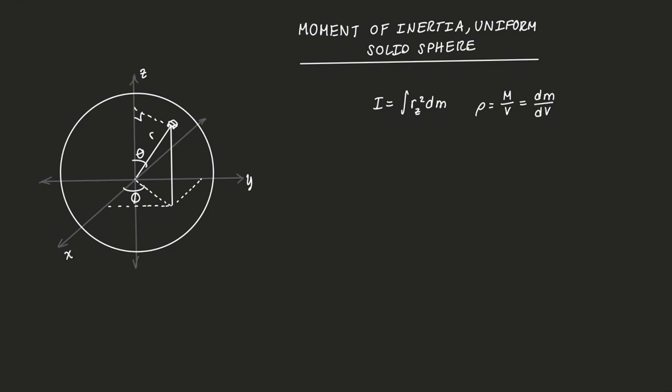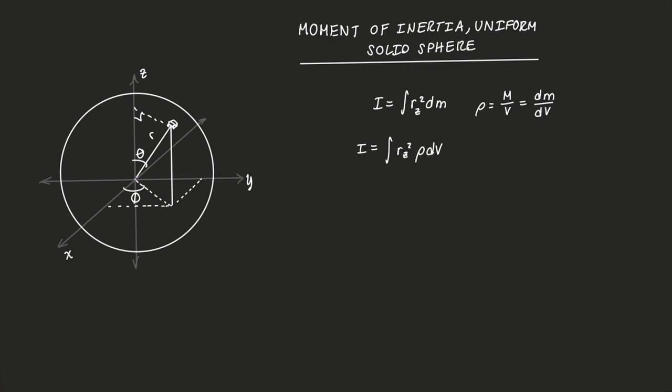So if you take any tiny mass element in the sphere and divide it by its associated tiny little volume, you're going to get the same density as if you divide the entire mass by the entire volume, since it's a uniform solid sphere, aka density is uniform throughout. So therefore we can write that I is equal to the integral of r_z squared, and then this will become rho dv.